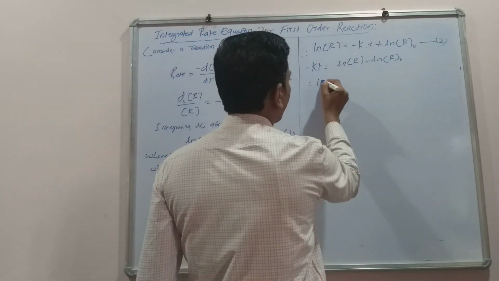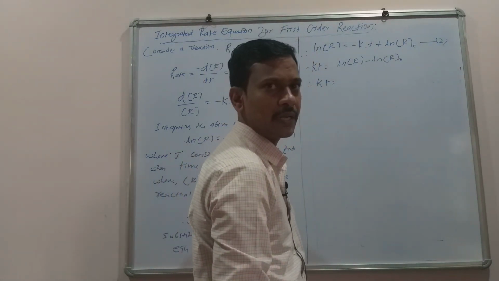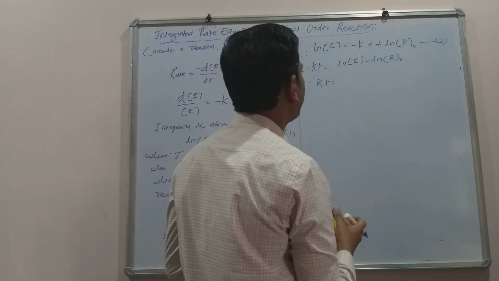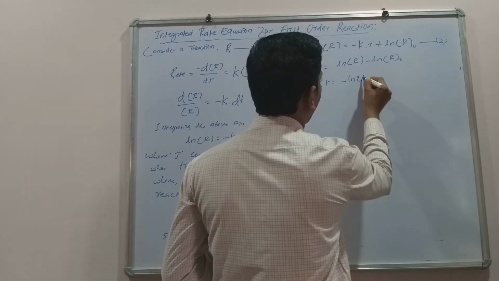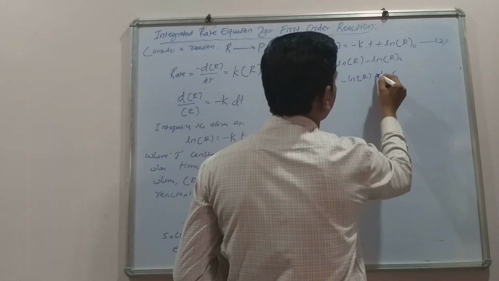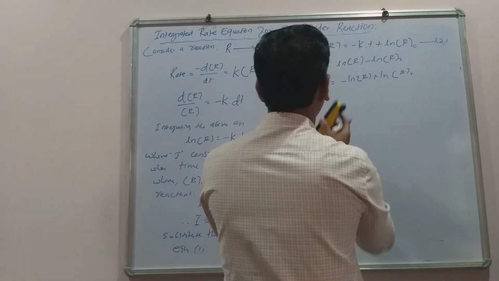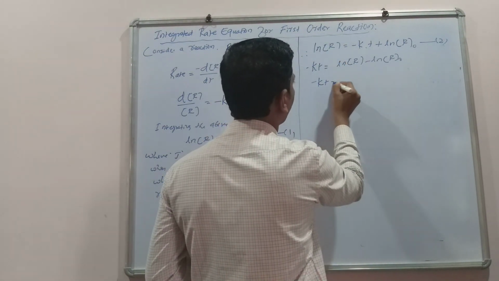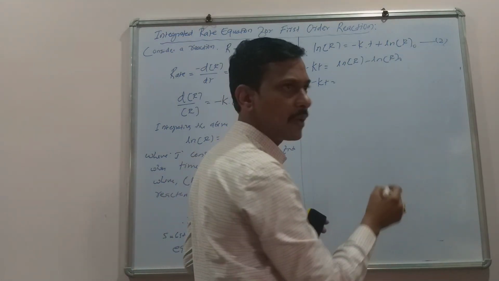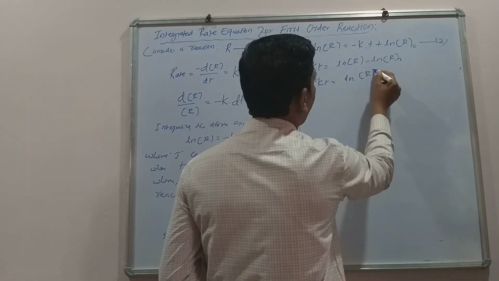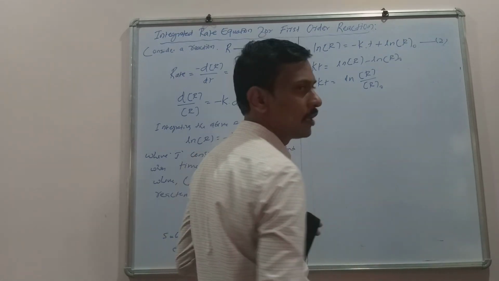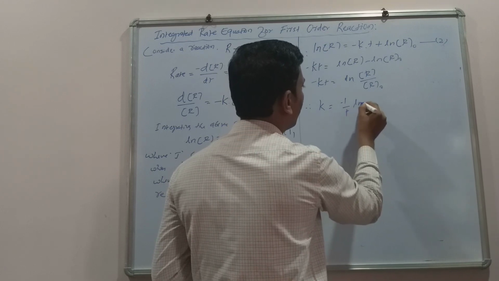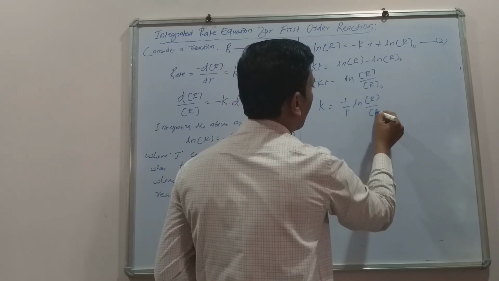Otherwise, one more step we can write: minus kt is equal to ln a minus ln b, which is ln a by b, so ln of R by R naught. Now therefore k is equal to minus 1 by t ln of R by R naught.